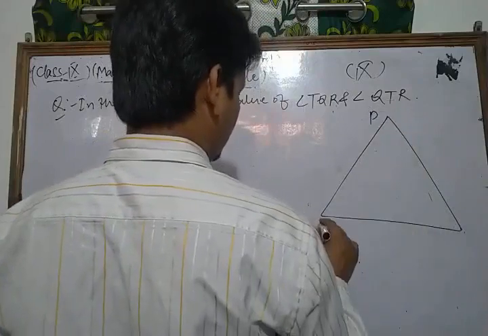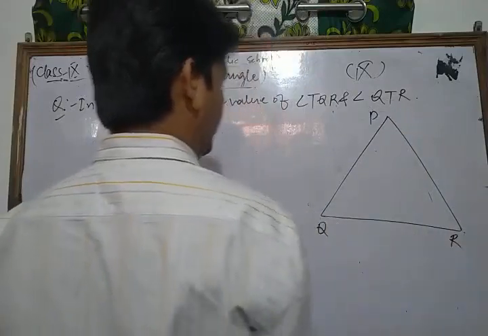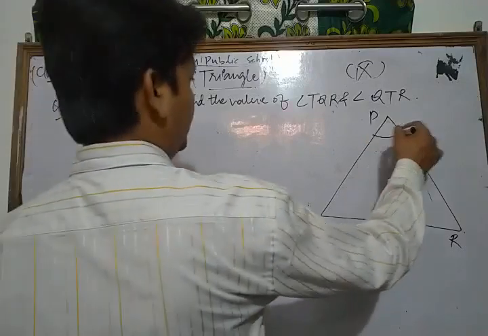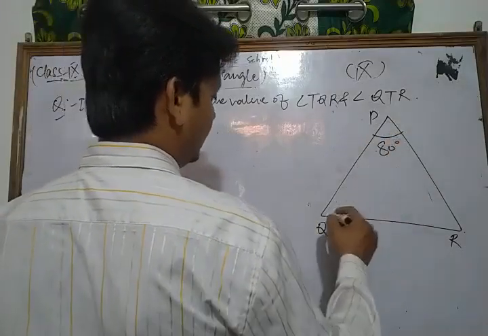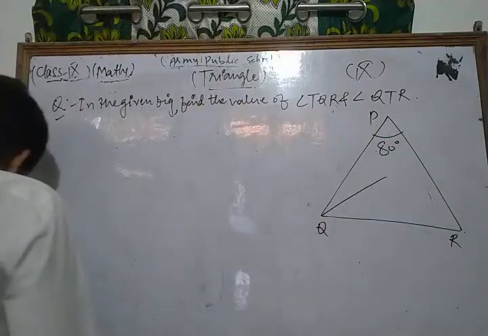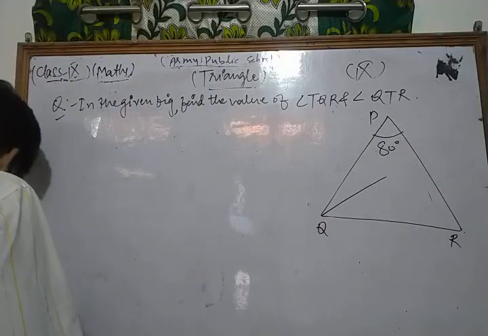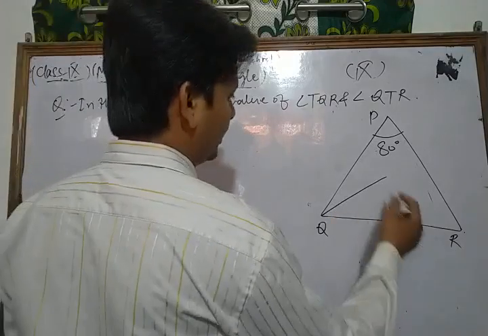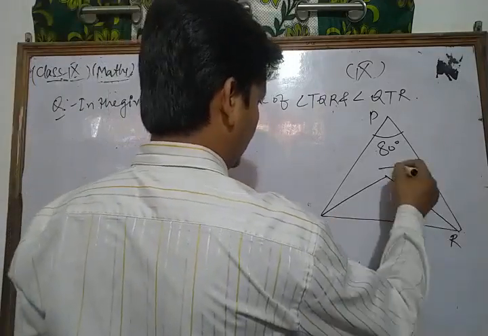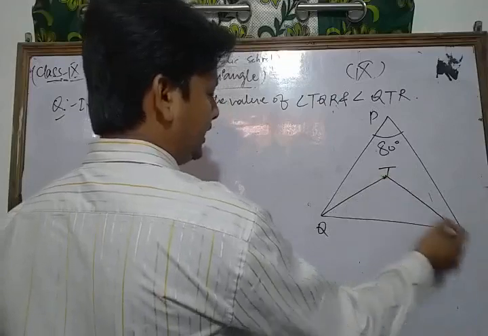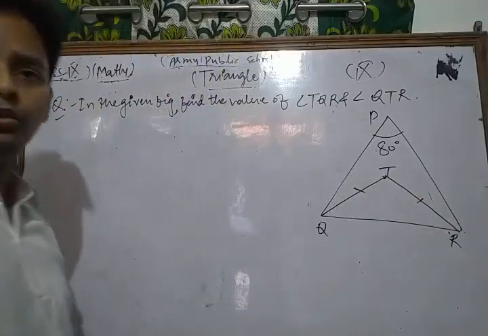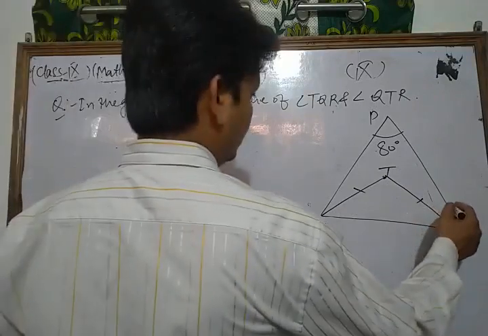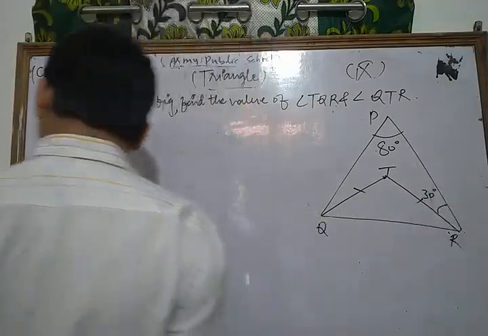Your figure is triangle PQR, in which angle P is 80 degree, and it is given that TQ and TR are the bisectors of angle Q and R, and this angle is 30.